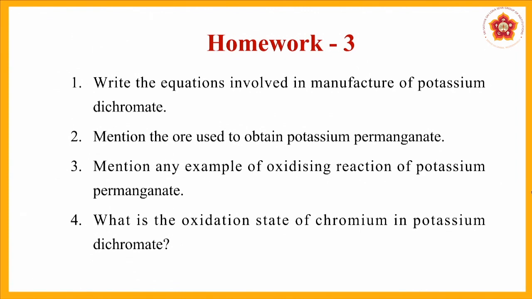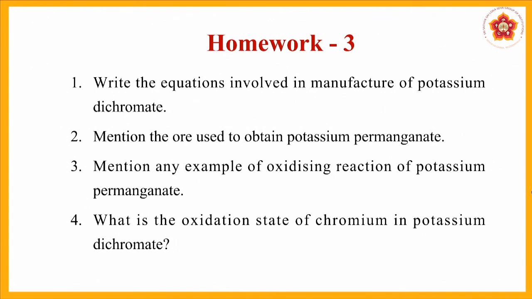The first question states, write the equations involved in the manufacture of potassium dichromate. It involves 3 steps. So go back, remember how the fusion process had happened, how there was a conversion from a chromate salt to dichromate salt, and then finally obtaining potassium dichromate. Mention the ore used to obtain potassium permanganate.